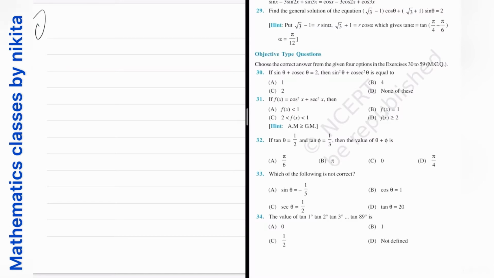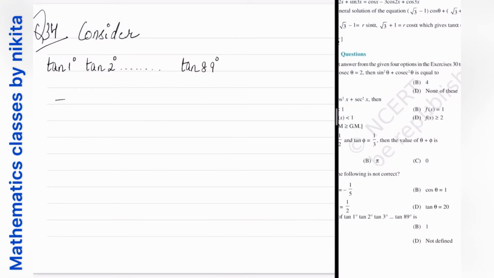So let's see now question number 34. So consider this expression: tan of 1 degree into tan of 2 degree and so on up to tan of 89 degrees. Okay, so it starts from 1 degree up to 89 degrees.